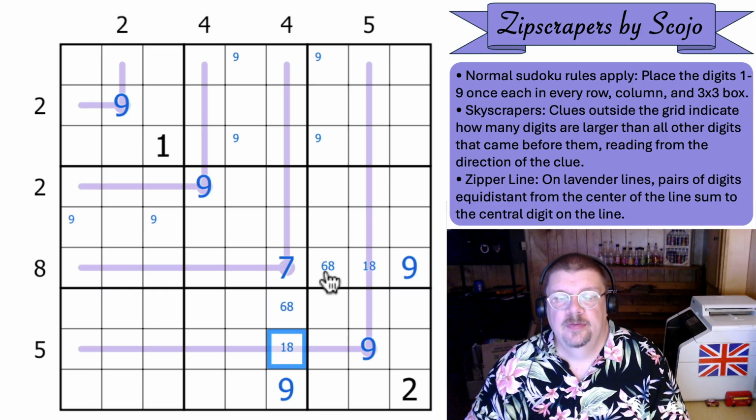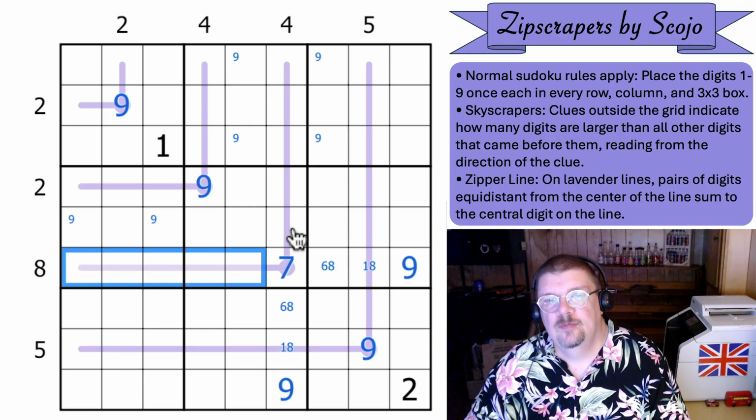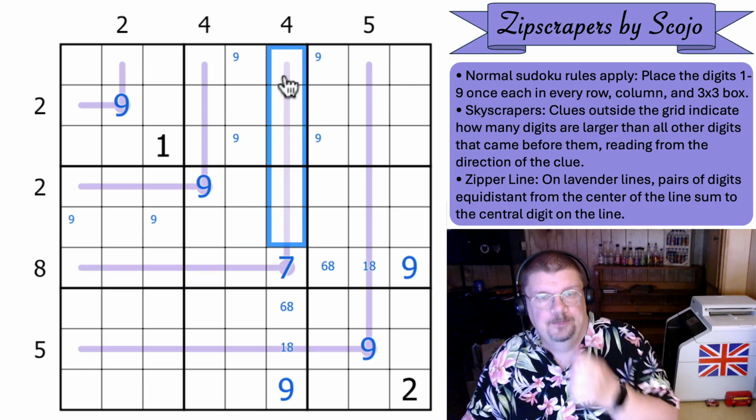I don't yet know whether the 6 or the 1 is missing. So it could be that we have either the 1 or 6 missing from here and either the 6 or the 1 missing from here.